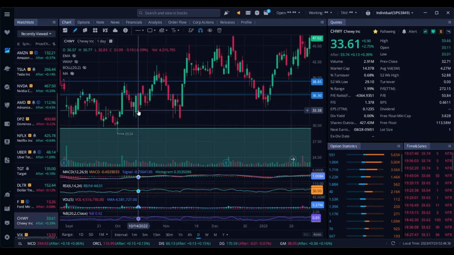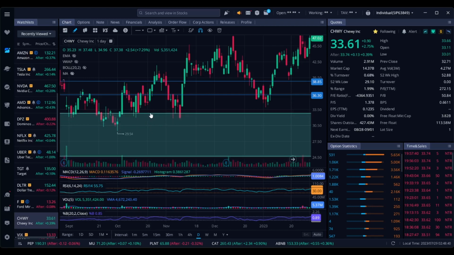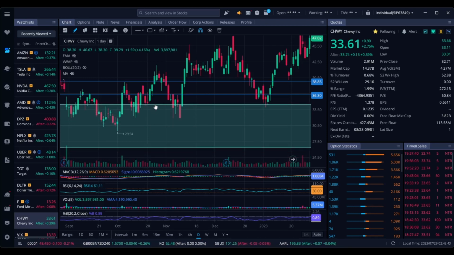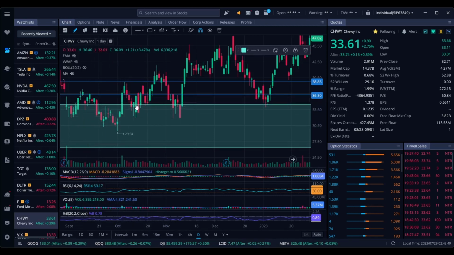So I really could move this up. It's about right here. And you see this. So a key level could be a level, could be an area. It doesn't have to be just one single spot, like not exactly 36 or 38.